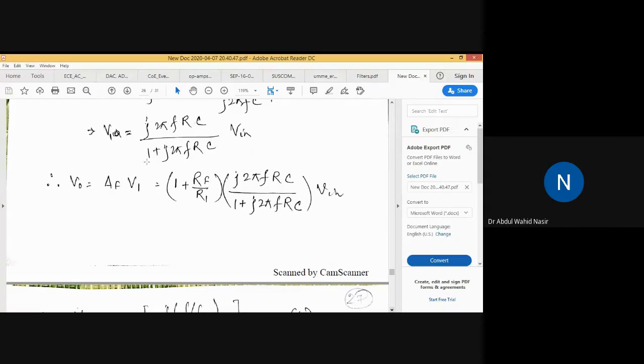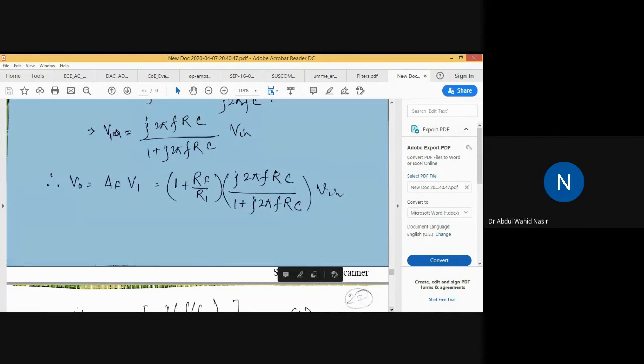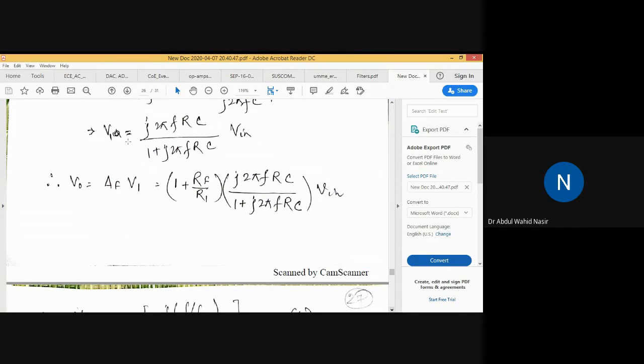Okay. Now also we know that Vo is equal to AF into V1, as I already told. So what is AF? AF for this non-inverting configuration will have gain as 1 plus RF by R1 into Vin. And what is the value of Vin?